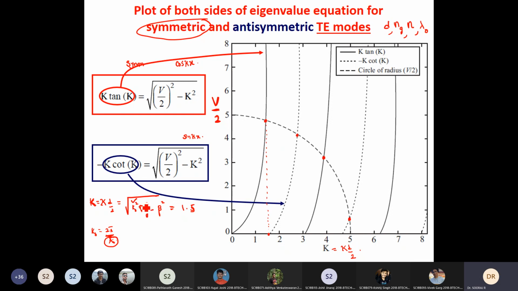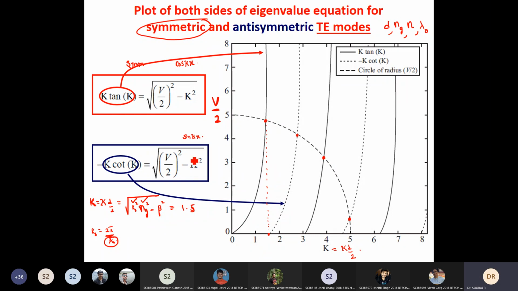So k naught is known, ng is known, and you have obtained the value of this equation from this graph, which is 1.5. So all you have to do is easily calculate beta. And that beta is the propagation constant of the mode that will be supported by this waveguide.